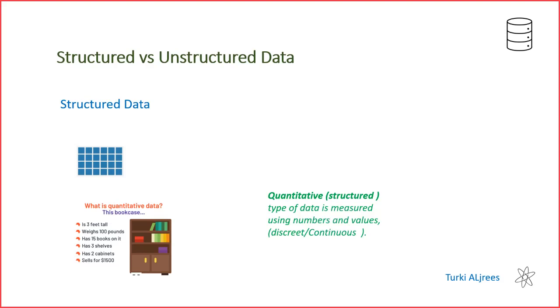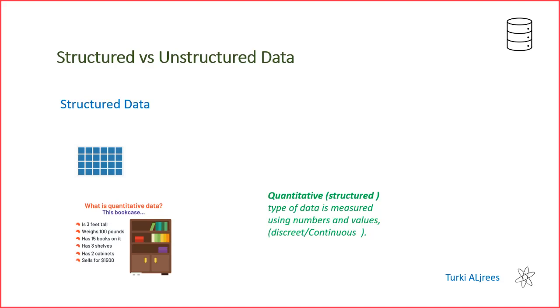So structured data, the type of data we expect to see, is measurement using numbers and values. If we remember the second slide of this presentation, we categorized data into 2 types, numeric and non-numeric. The first type was numeric, and it has discrete and continuous. For example, if I ask how much money you have in your pocket, you could say 100 pounds.